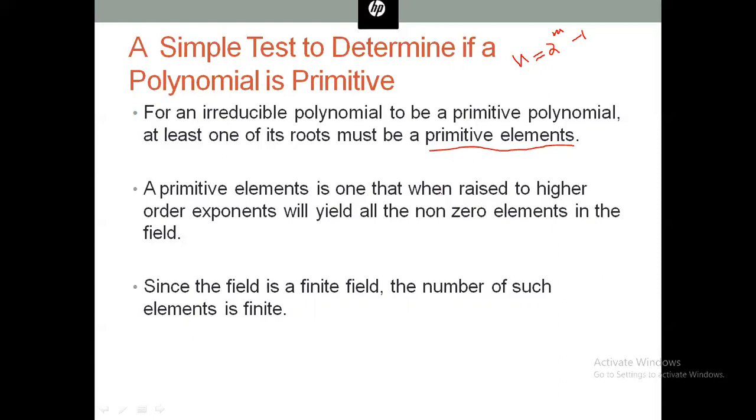A primitive element, when raised to higher order exponents, will yield a non-zero element that is contained in the field, and the field is finite, with a finite number of elements.